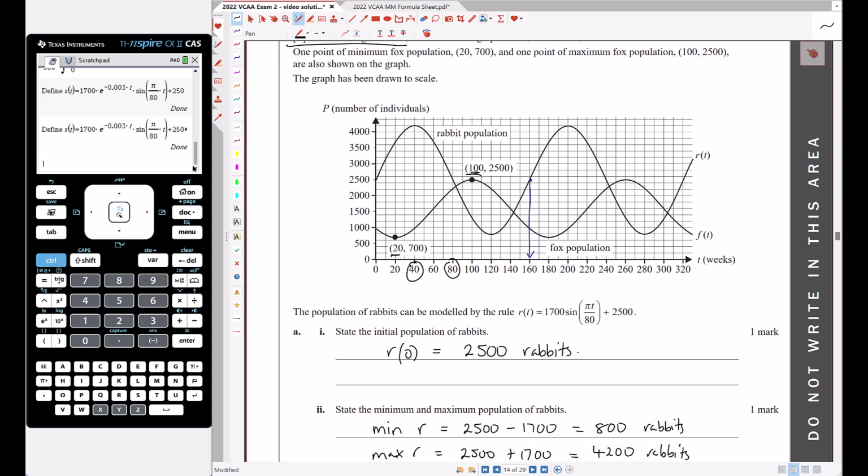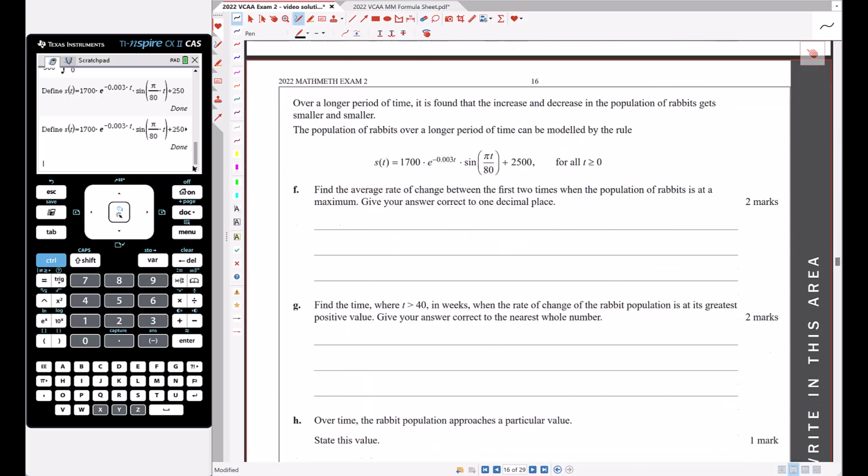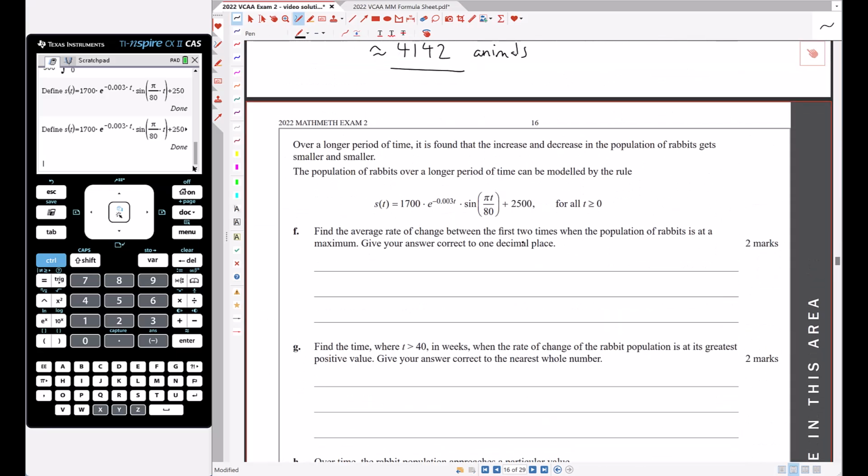The maximum will be halfway, so the maximum is at 40, and then the period is 160, so the next maximum must be at 200. So the rabbit population is at a maximum when t equals 40 and when t equals 200. So find the average rate of change between the first 2 times when the population of rabbits is at a maximum. Okay, so that is when t equals 40 and 200.